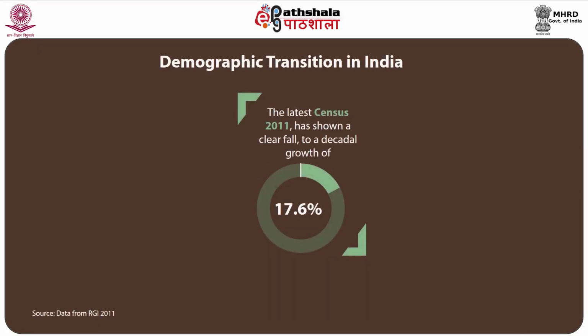The annual growth rate of population has declined marginally in the last decade or so, which implies that there is also a decline in the fertility which is happening in the country. The latest census 2011 has shown a clear fall in the decadal growth rate of the population to 17.6%. So, it is below 2% currently.